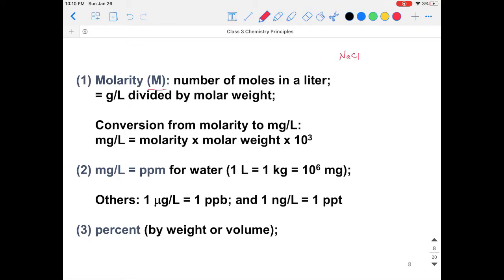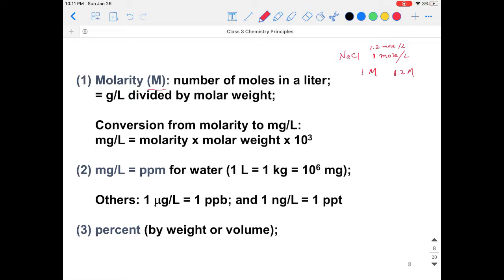We know that its concentration is 1 mole per liter. Then the molarity is going to be 1 M. Okay, so this is a convention. For example, if we prepare another solution of sodium chloride, which is containing 1.2 mole per liter, then that's going to be 1.2 M. So this is the molarity.